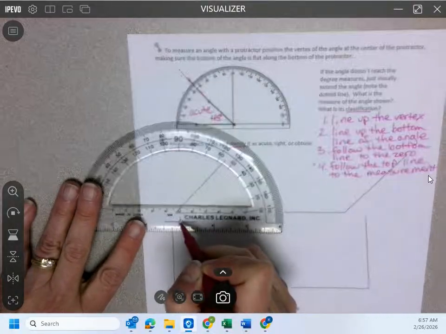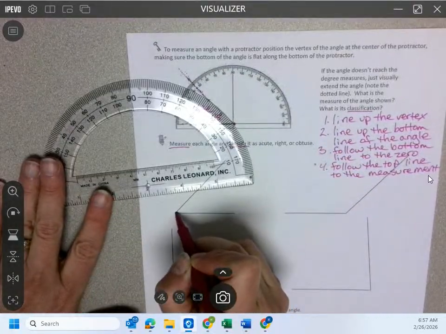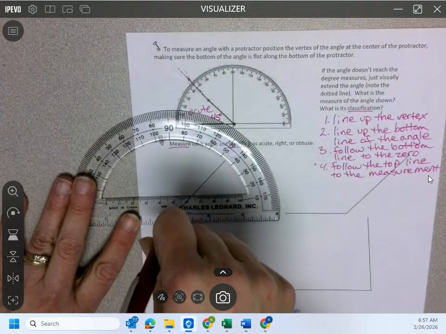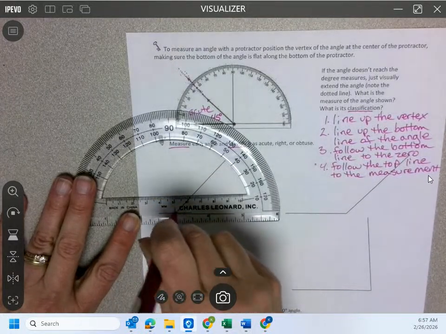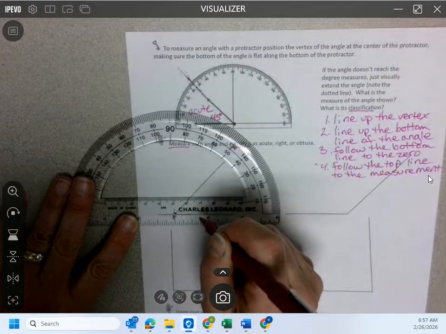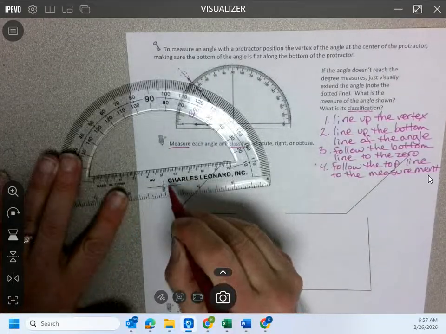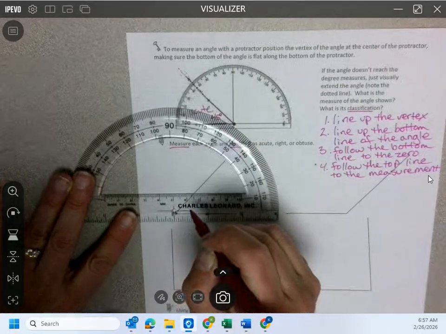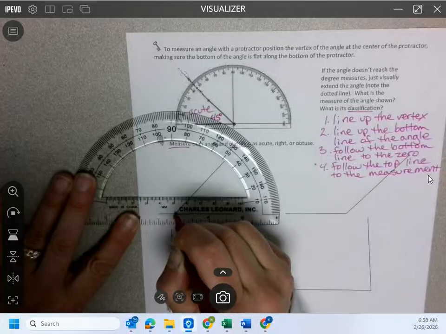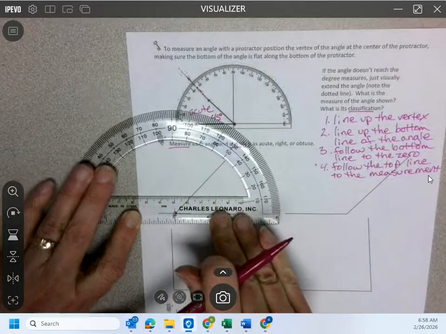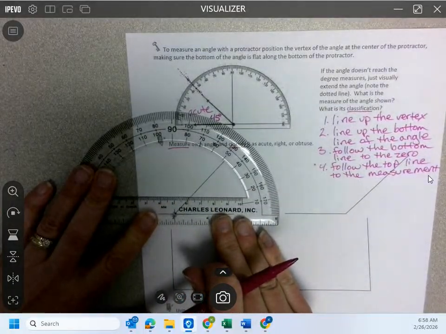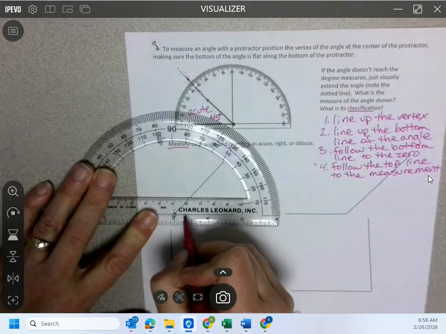So I'm going to go to that vertex right here, and I'm going to line it up with that center circle. Then second step, line up that bottom line. So I want to make sure it directly covers the line on my protractor, directly covers the line on the angle. So the line on the protractor covers up the angle line.